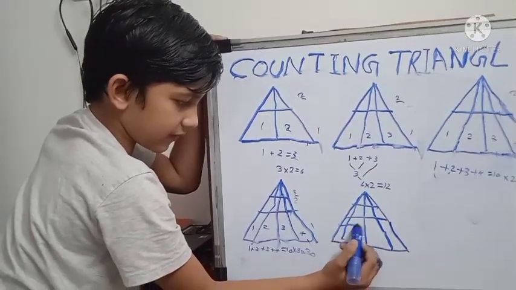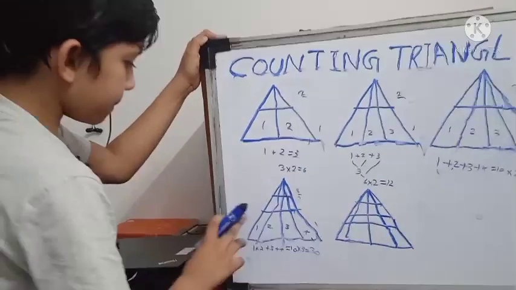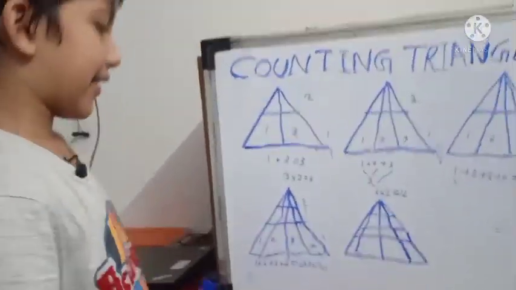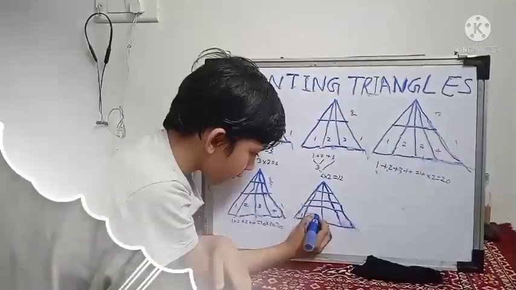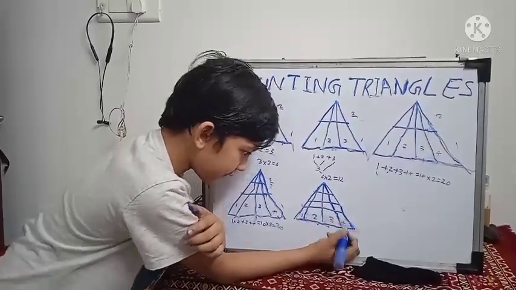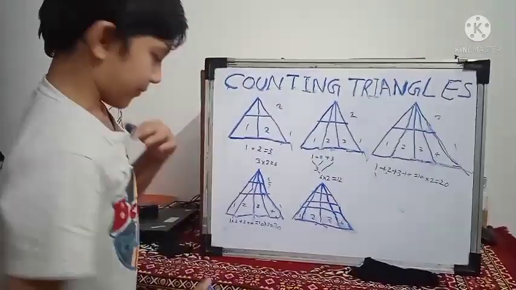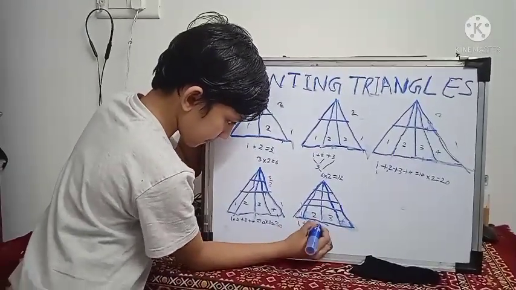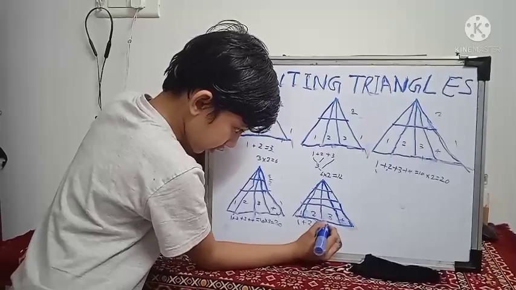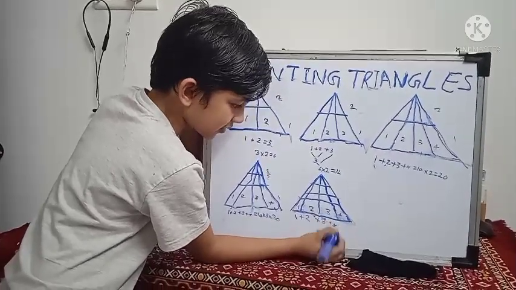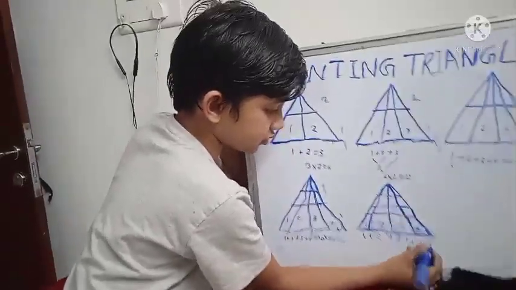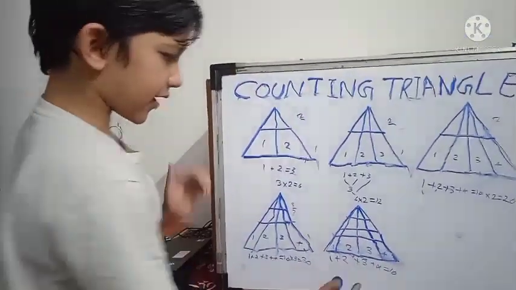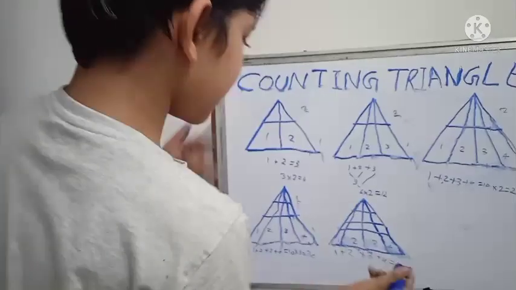In the previous triangle we have drawn 2 horizontal lines. Now we will draw 3 horizontal lines with 3 vertical lines. So 1, 2, 3 and 4. Now we have to calculate them as our second step. 1 plus 2 plus 3 plus 4 equals to 10. Then now our third step, calculating the number of the horizontal lines.